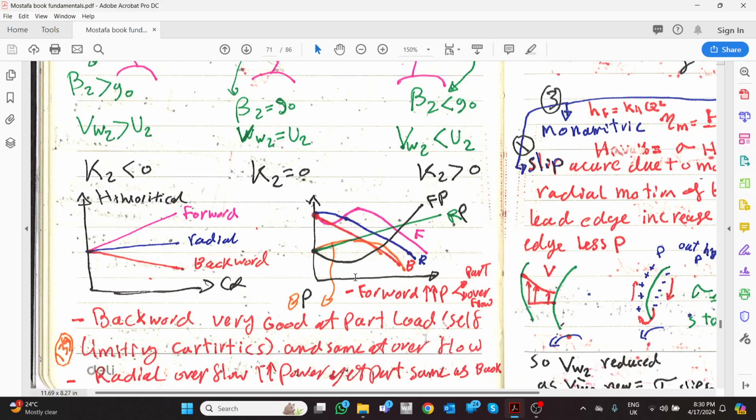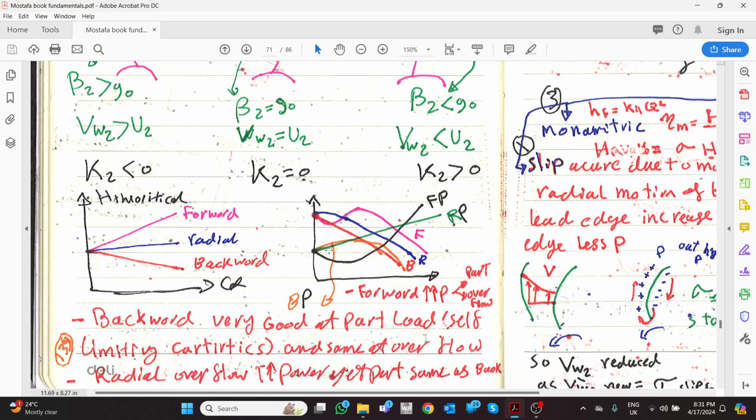From these curves, you will understand that in the forward case, if more flow is required, power needed increases, and in the backward case, if more flow is required, less power is required. I'm just describing what I can see.